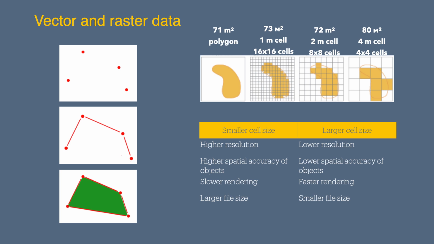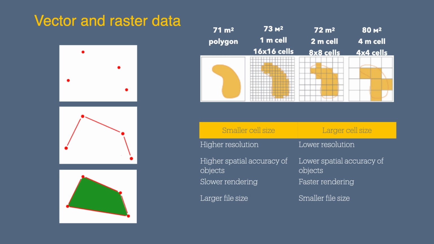Points represent single objects on a map, like the location of a village or a building, and they are defined by their coordinates, such as latitude and longitude. Lines show linear objects like roads and rivers, and they consist of a series of points. Polygons are closed shapes and represent areas like land borders or lakes.